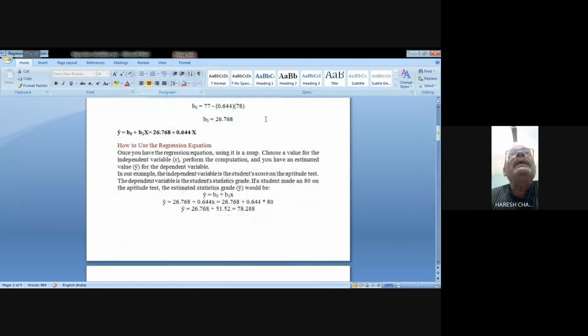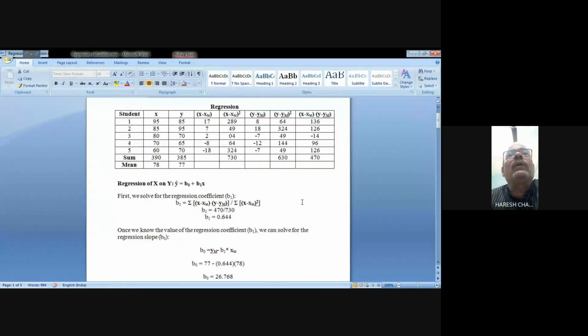Now if you read a regression equation question: develop, formulate the regression equation on these data. Marks are given for 5 students in mathematics and science. Formulate the regression equation and find out if a student has secured 80, what will be his predicted mark in science.